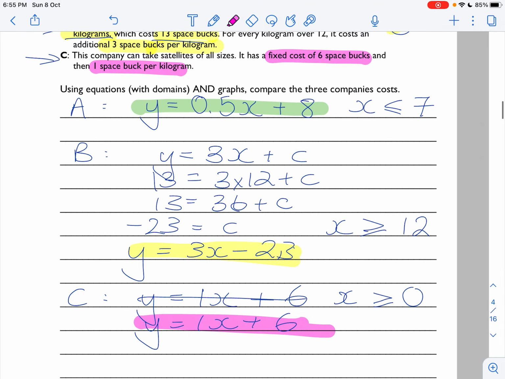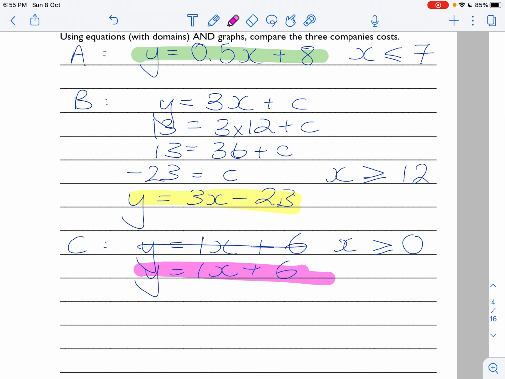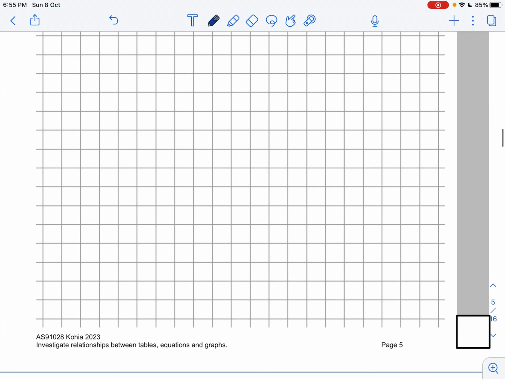Okay, so what we're going to do now is draw that underneath. Sorry, we're going to flick up and down a little bit, but we'll do that. So we'll set up down here. So here's our x-axis, here's our y-axis. Okay, so we'll go 2, 4, 6, 8, 10.